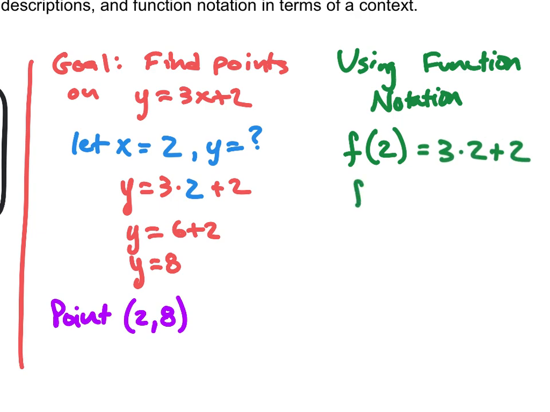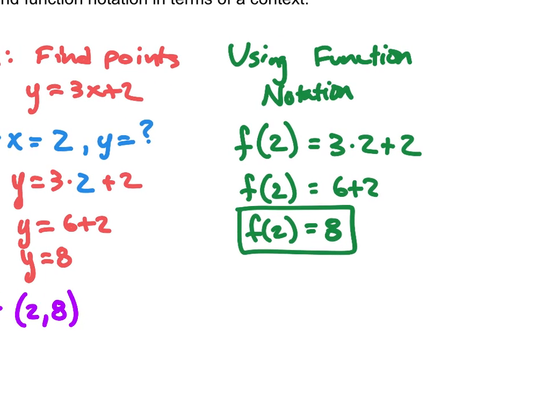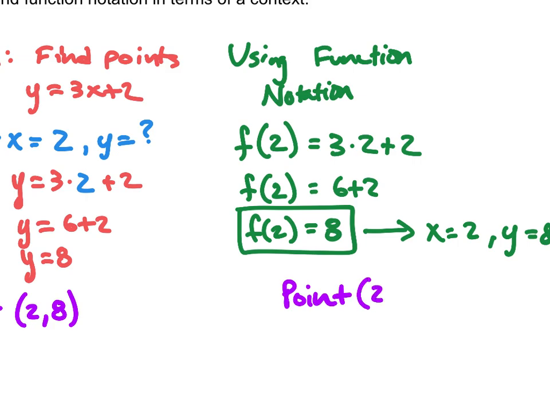Then I do the math and I write f of 2 is equal to 6 plus 2, and then f of 2 is equal to 8. This means that x is equal to 2 and y is equal to 8, and I can then write that as a point, 2, 8.